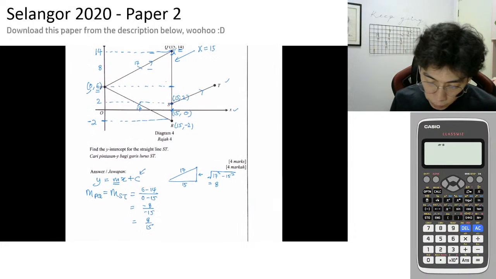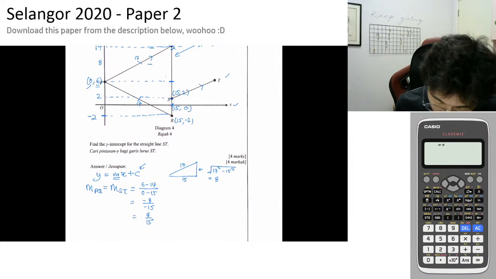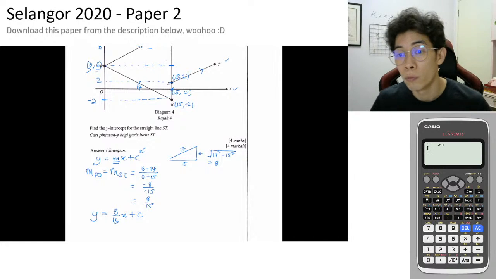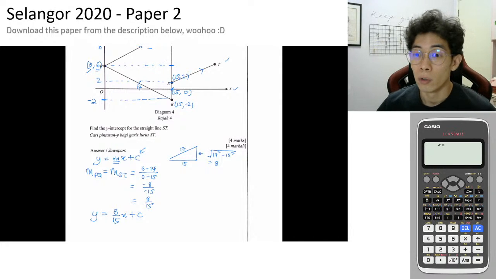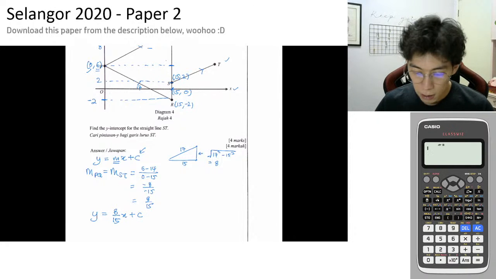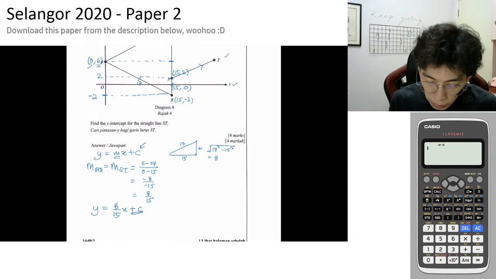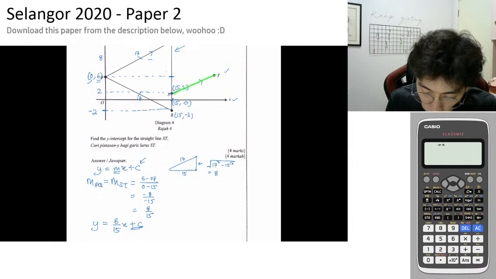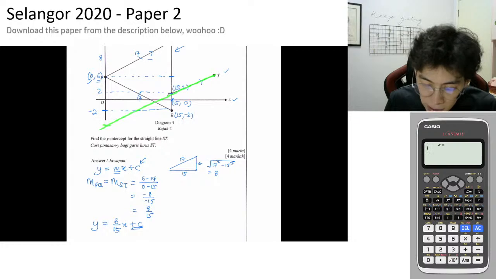Next, in order to solve your ST, I'll write y equals 8 over 15 x plus c. To get your c, you look at ST, and obviously the y-intercept you can't see, right?